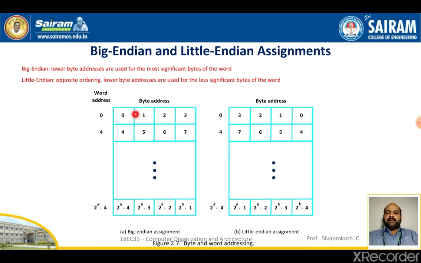Whereas in Little Endian, the LSB is represented with the least number, so the most significant byte gets the higher number and the least significant byte gets the lower number. The representation where the lower address holds the MSB is called Big Endian, and where the lower address holds the LSB is called Little Endian. These are the two different representations we have here.